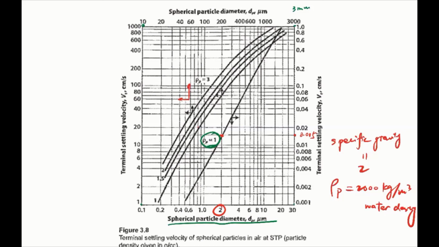So if we use this curve here, you can see that a 2 micrometer particle has a velocity of 0.015 centimeter per second. If you consider that velocity, that's very small, right? And then let's say for 600 micron particles, a very large size, it's basically here. If it has a specific gravity of 1, you can see the settling velocity is somewhere around 260 centimeter per second. That's 2 meters per second, which is already very large.